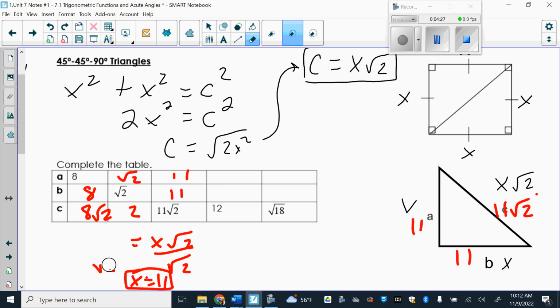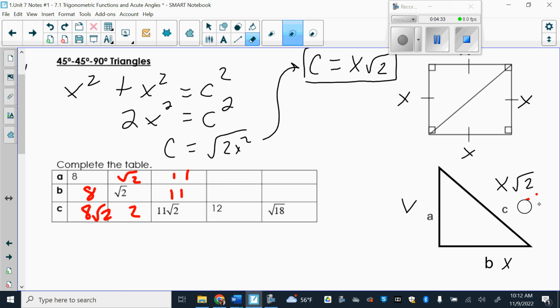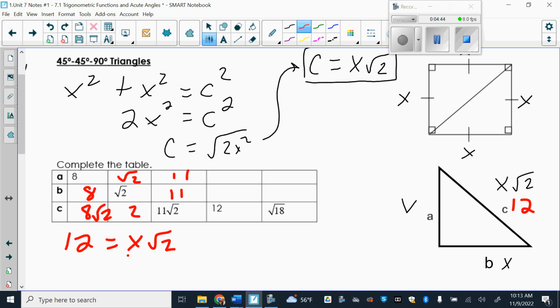Similarly, if we know side C is 12, that means we know that 12 is whatever side A or B is times the square root of 2.